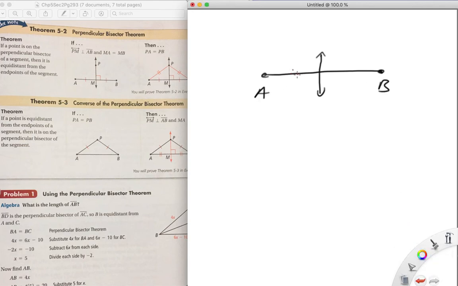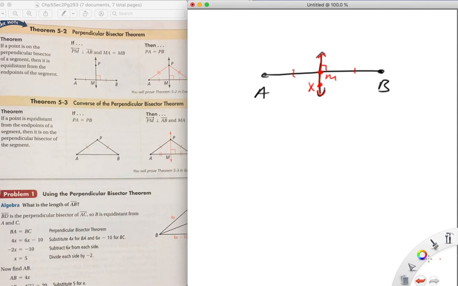It's going to cut this in half. And it's perpendicular. Actually, I should have made this red. We'll call it M right there. We'll call it X right here. So it's line XM.